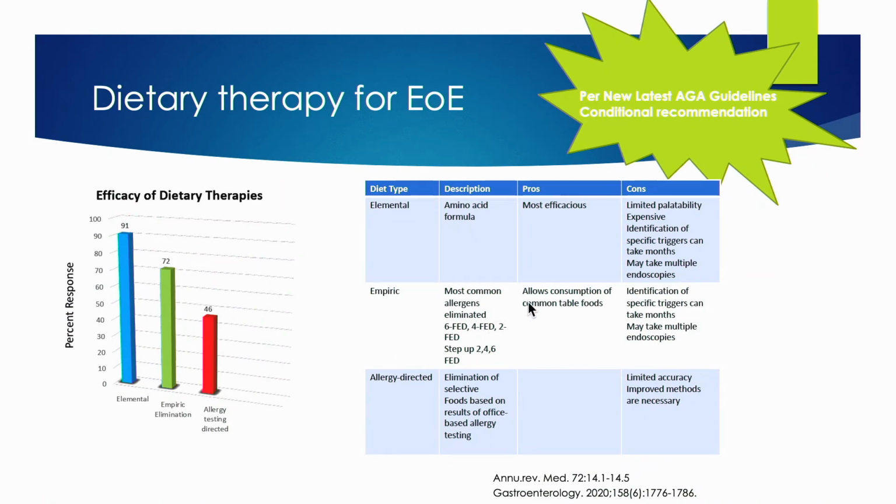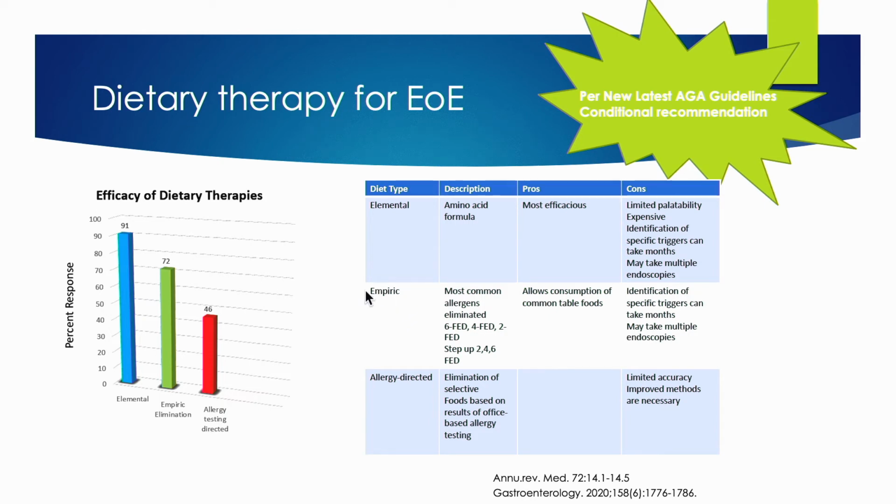With regards to diet, there are 3 major categories that have been examined. Those include elemental diet, which essentially is feeding the patient amino acids and reintroducing food slowly. It's very labor intensive and takes a very long time and many endoscopies. It is the most efficacious, but because of its drawbacks, it's not commonly implemented.